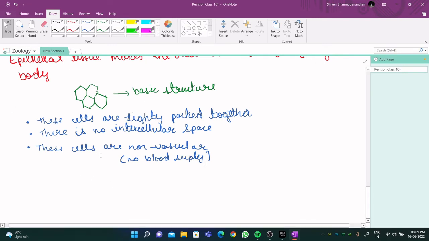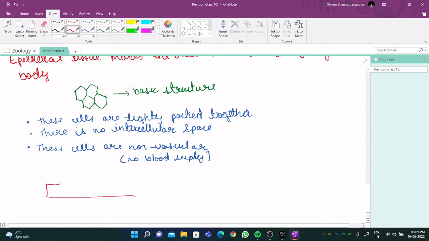Now, again, on their structure, we will make another diagram. Again, if I am able to make a straight line, straight enough.